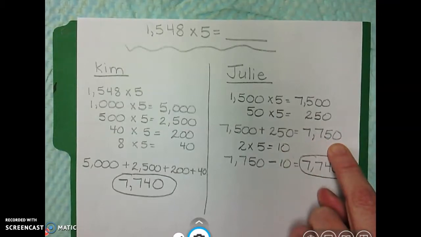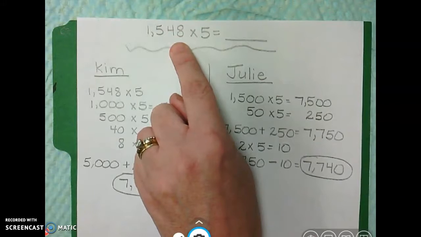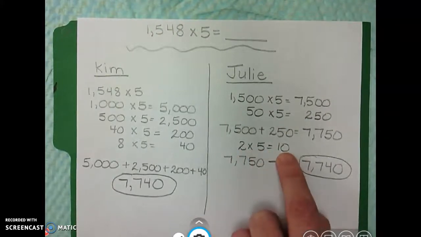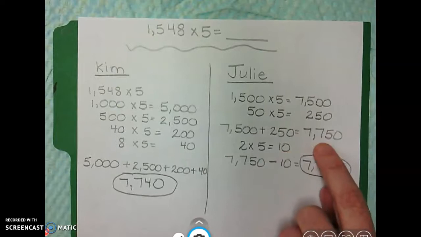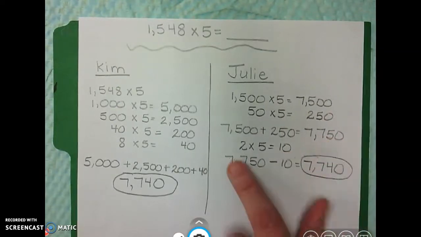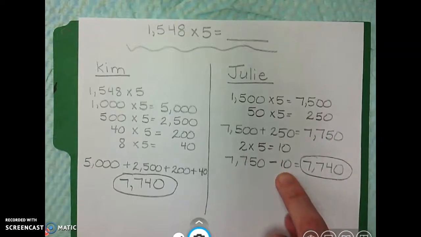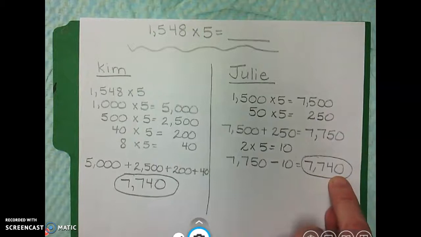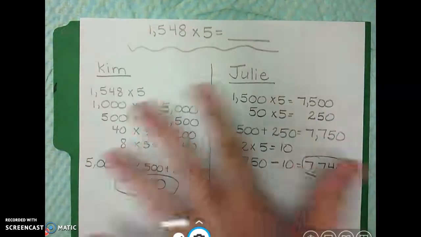But it's not 1,550, it's 1,548, which is 2 fives less. So then I said, what is 2 fives less? What's 2 times 5? And that is 10. So then I took my original answer of 7,750 and I subtracted the 10, and it gave me the grand total of 7,740.